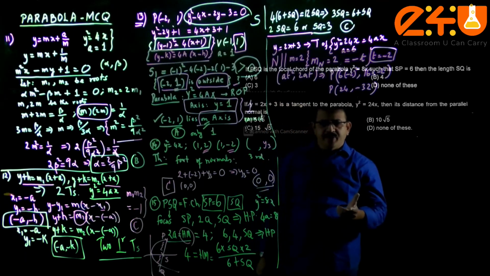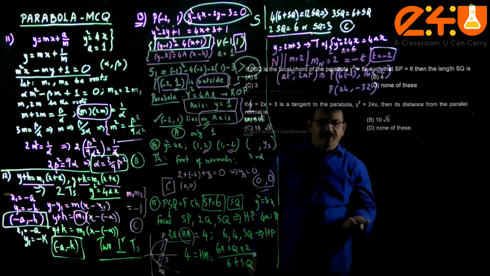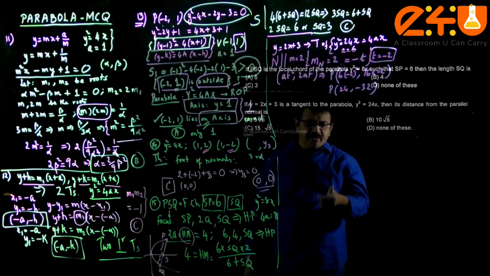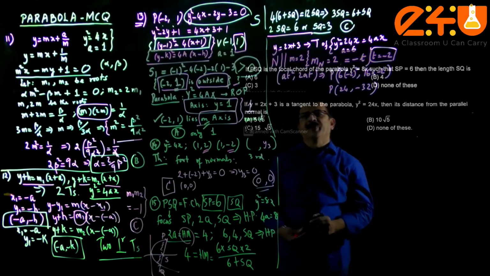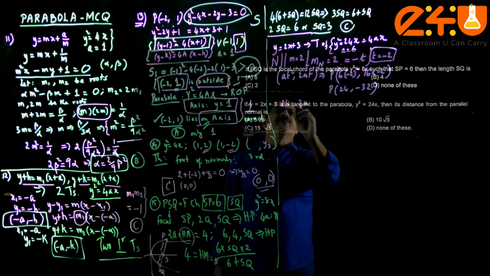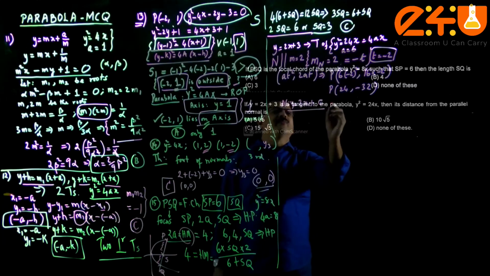So it's very easy to discover the parallel normal. Then it is easy for you to discover the distance between the tangent and normal. Fine, so let us discover the normal. Very good. The y equal to 2x plus constant will differ.